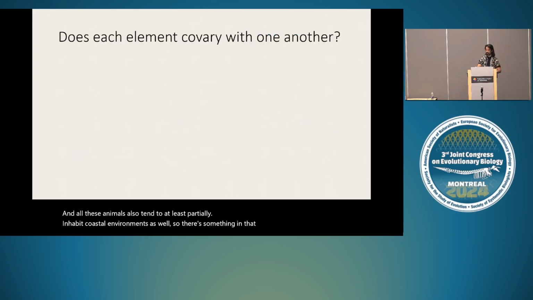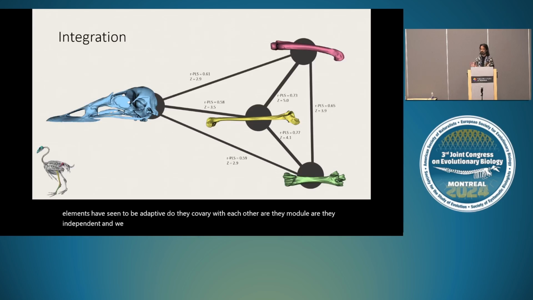And finally, all these elements seem to be adaptive, but do they covary with each other? Are they modular? Are they independent? And we found everything is covarying with everything. We expected that everything would covary within the hind limb since they all act as a functional unit, but each of the hind limb elements also covary with the skull.